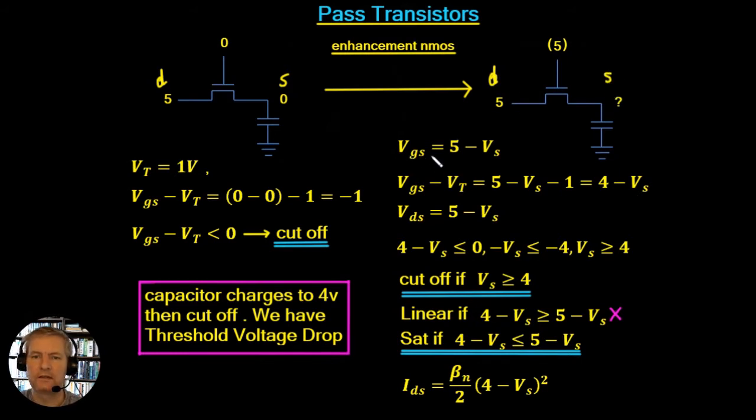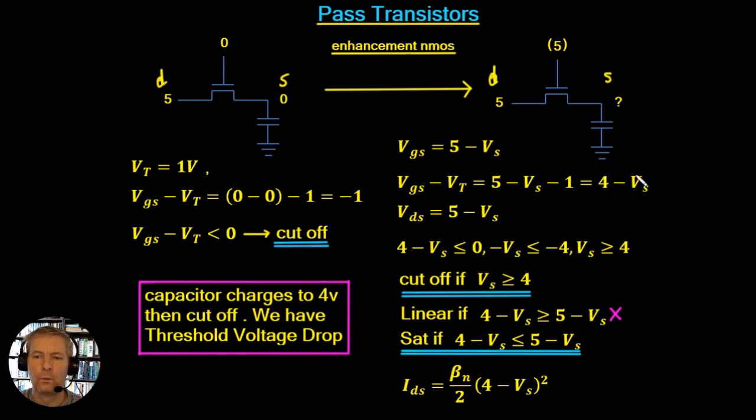VGS is going to be VG, which is 5, minus VS, and we don't know what VS is, so we'll just call it VS for the moment. So 5 minus VS, and VGS minus Vt is 5 minus VS minus the Vt, which is 1. So we're going to have 4 minus VS. So VGS minus Vt is 4 minus VS.